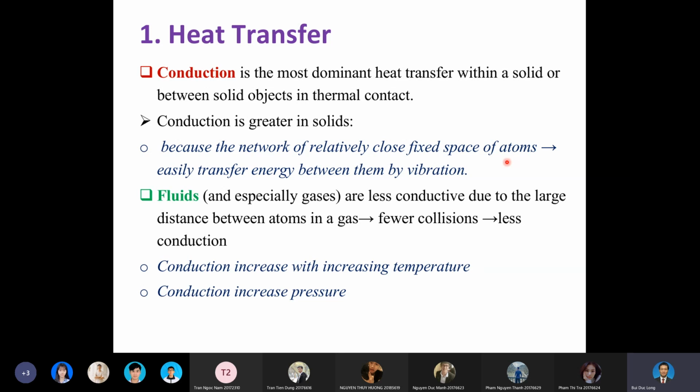So that is the reason. Of course, if atoms are closer to each other, it is easy to transfer energy from one to another. That's why heat transfer is dominant in solids.